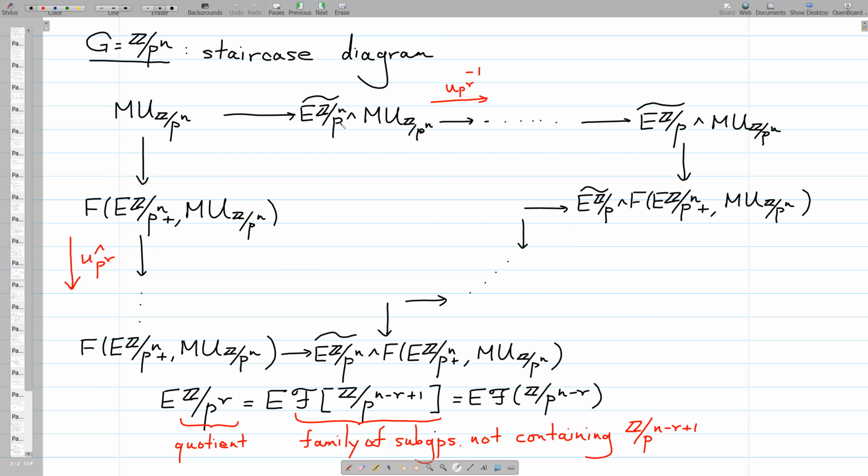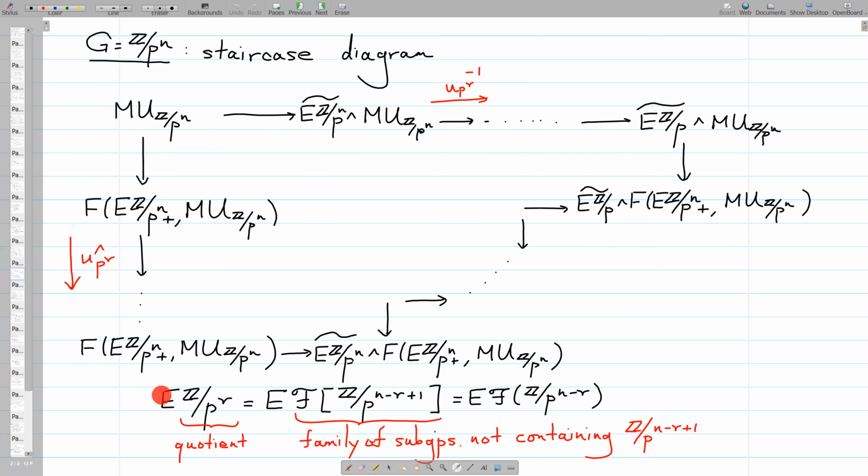So here you have E Z mod P to the N tilde smash this MU Z mod P to the N. Here you would have E tilde, but for Z mod P to the N minus 1, and so on until you get to E Z mod P tilde.